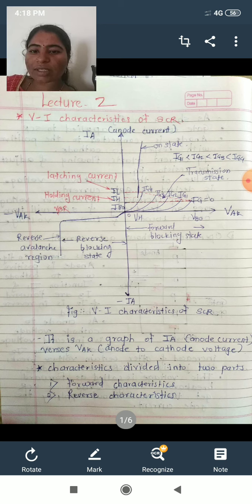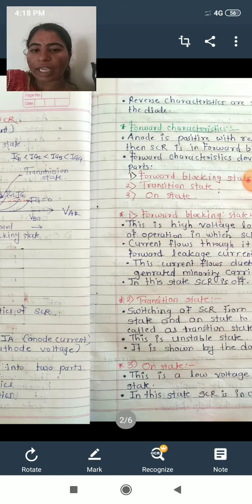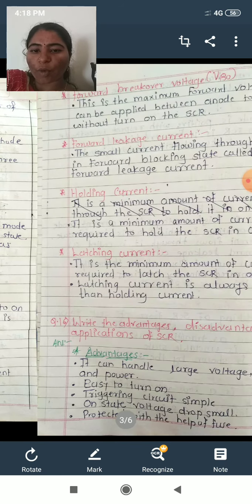In this case, your SCR goes in the breakdown region. This state is called a reverse blocking state. In reverse characteristics, a very small amount of current flows, called reverse saturation current. These are the VI characteristics and important terms.